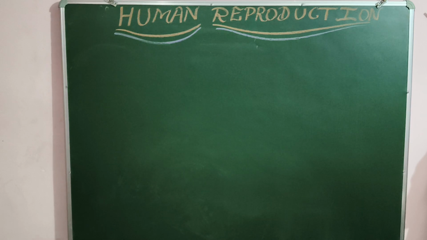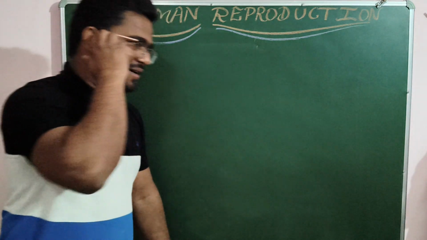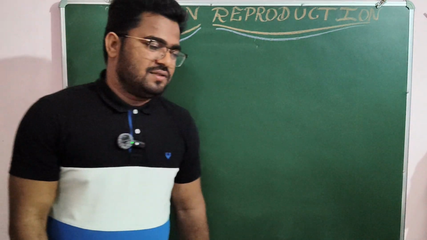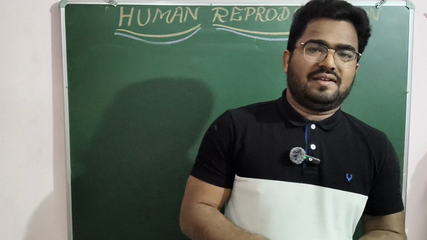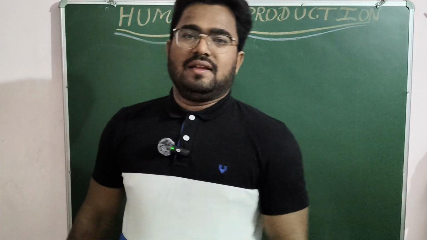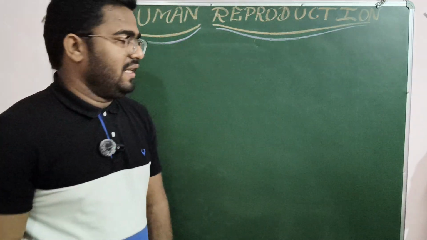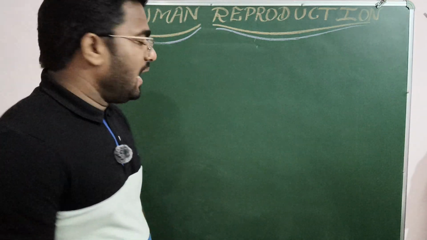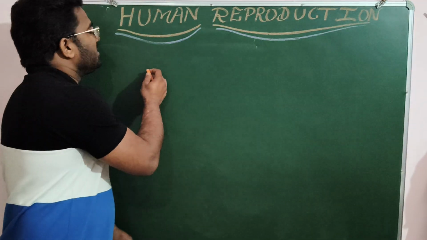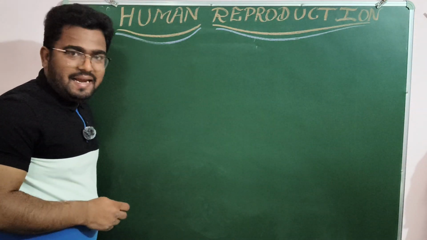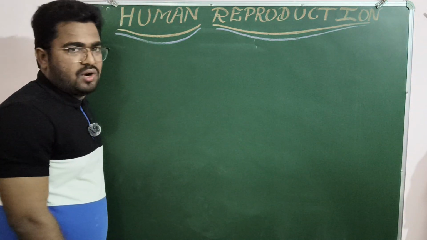So let's move on after the pathway of a sperm. We'll discuss how exactly the spermatozoa are formed inside the testis. Before that, I would like to tell you the secretions of various glands associated with the male reproductive system.